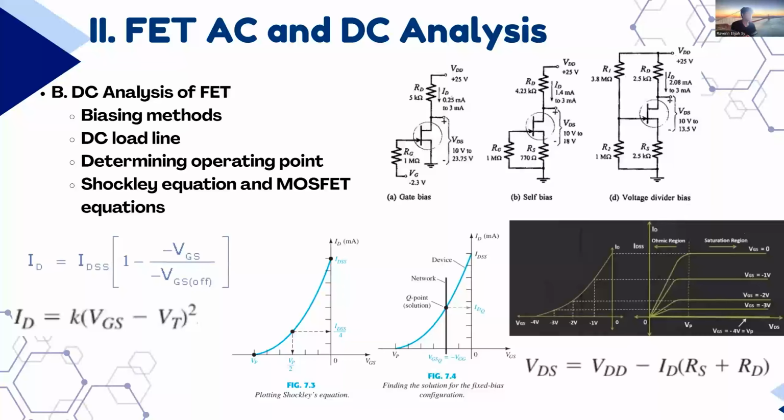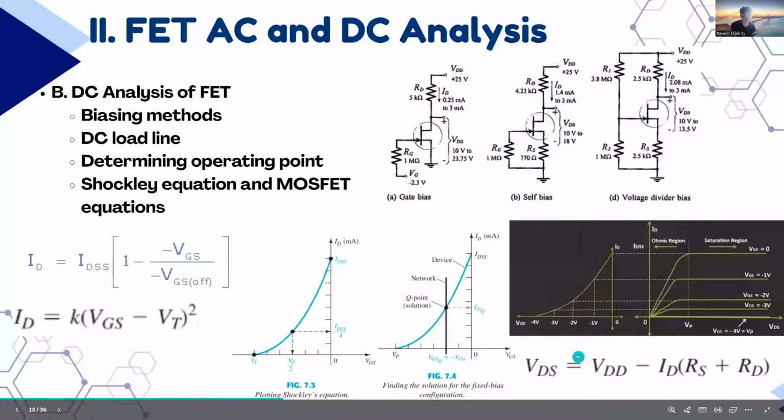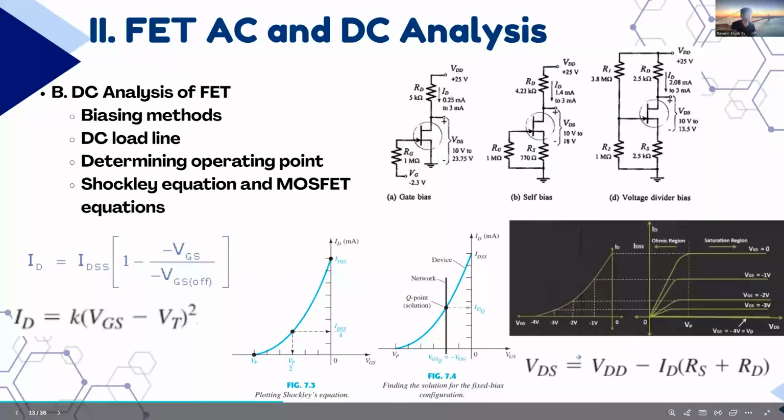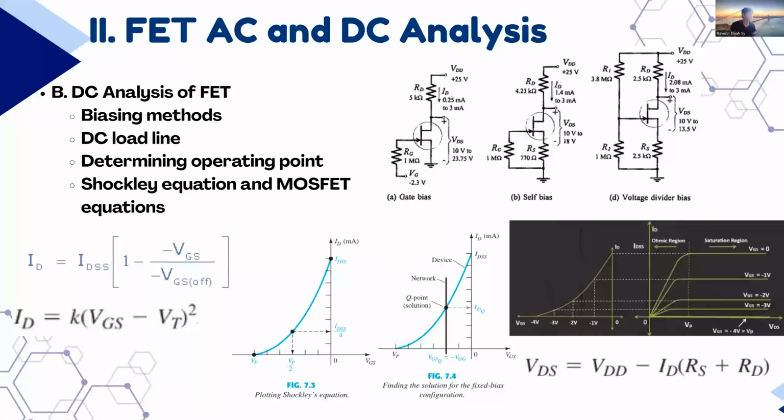The equation for the DC load line is this. Plotting this linear equation onto the nonlinear FET drain characteristic curves gives us a visual representation of all possible operating states. The exact point where the bias equation intersects this load line establishes our Q point.